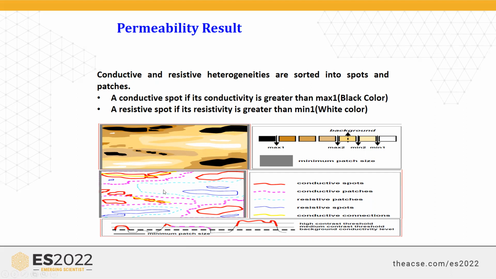And the yellow color is connections between the conductive spots. Later we explain this gives us the connectivity and permeability, meaning that these spots are connected and produce permeability for us.